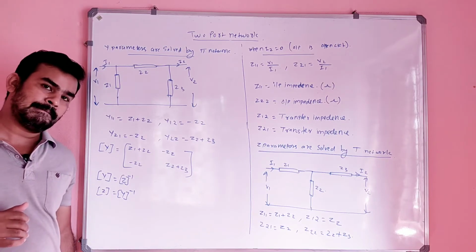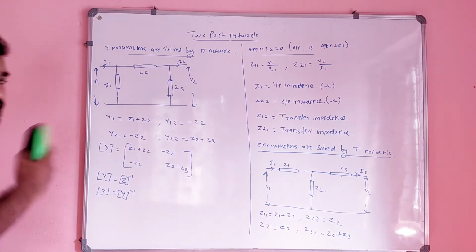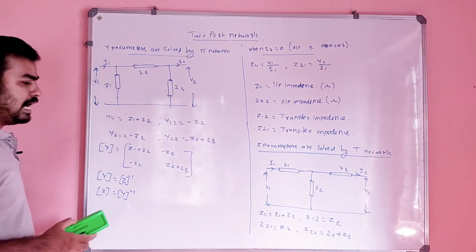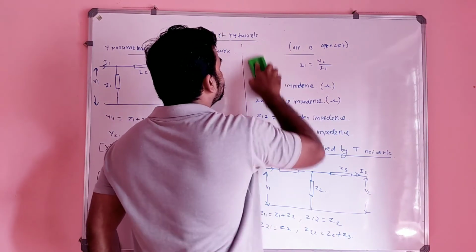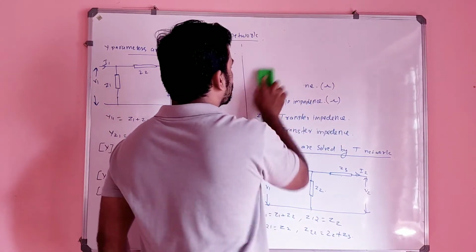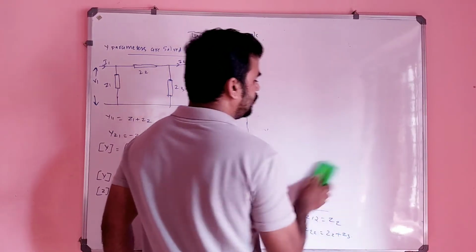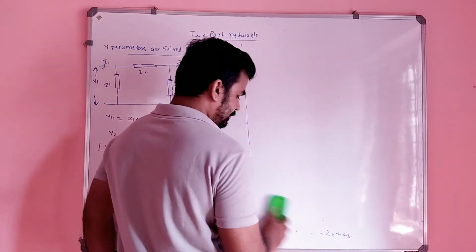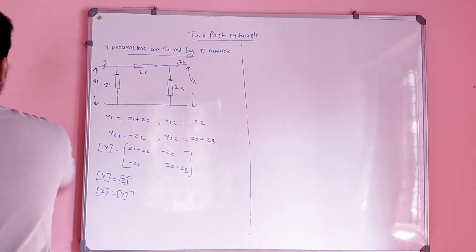Okay, and how can we find the inverse easily? I will tell you one example. How can we find the inverse of a matrix?